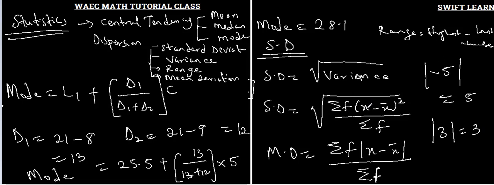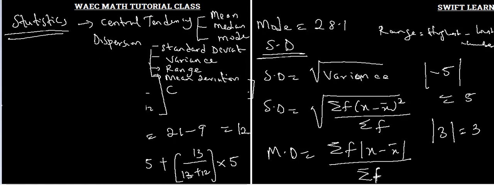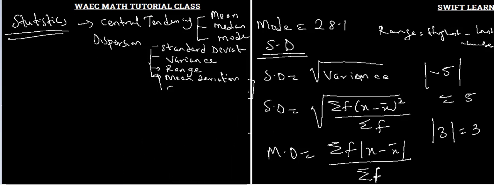In standard deviation, if I want to draw my table, I'm trying to teach you how to use the formulas to draw the table. I must get my formula, then my formula will guide my table. We are going to have a table like this.